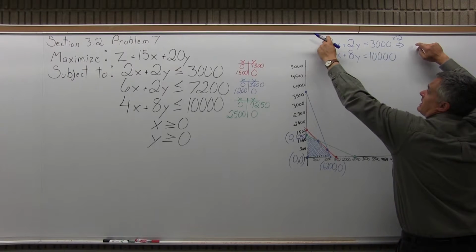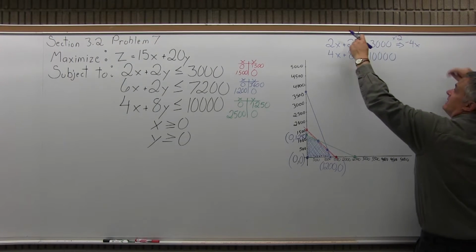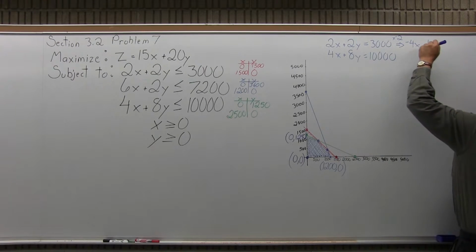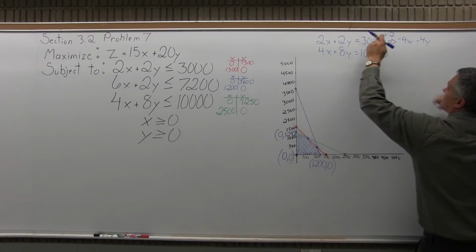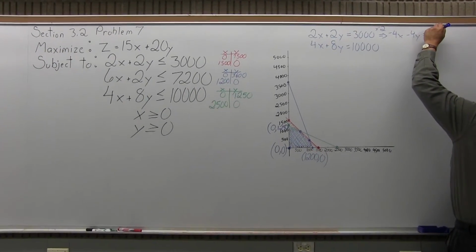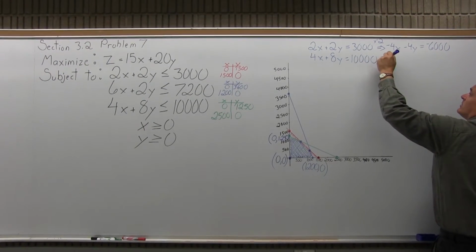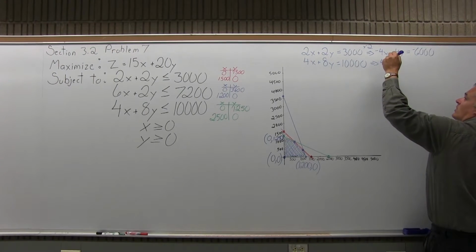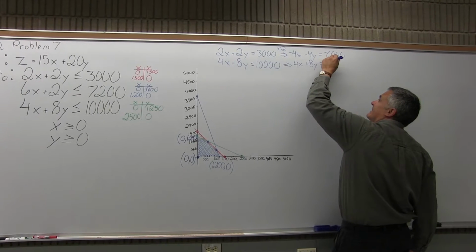So negative 2 times 2x is negative 4x. Negative 2 times 2y is negative 4y. Don't forget you have to do this also. Negative 2 times 3,000 is negative 6,000. Not just 6,000, negative 6,000. And now the bottom equation is good the way it is. Just keep it. 4x plus 8y equals 10,000.